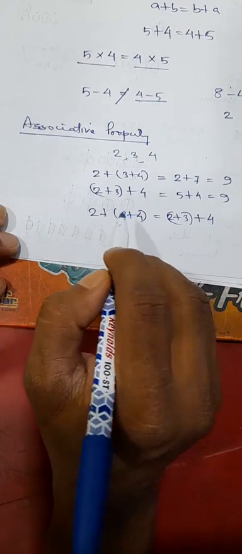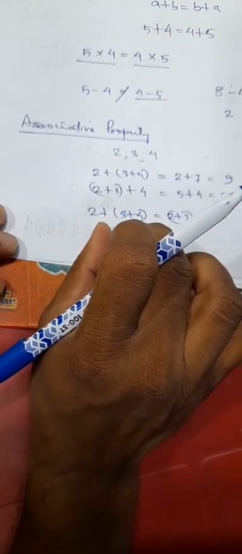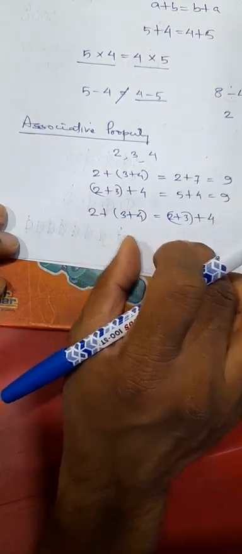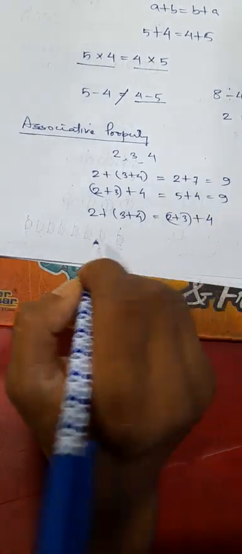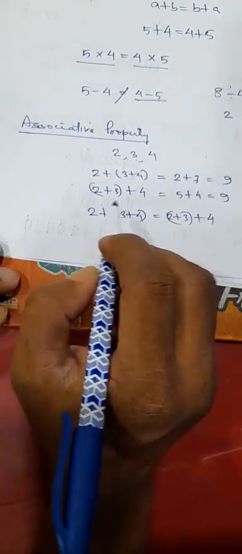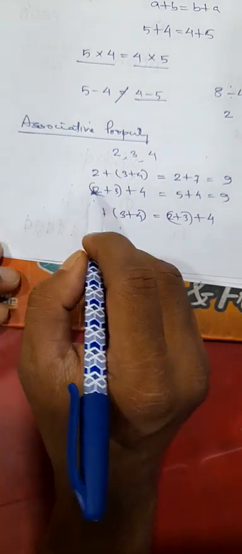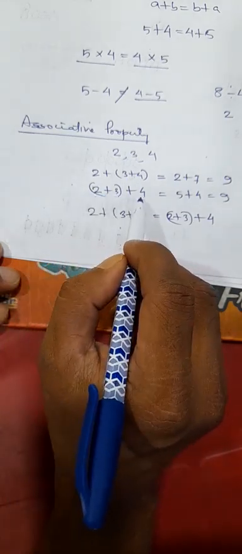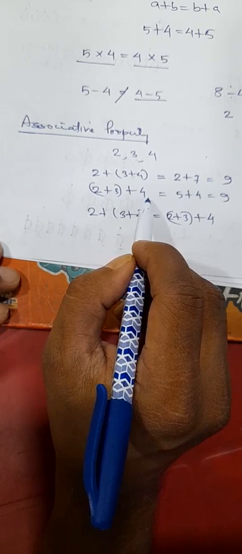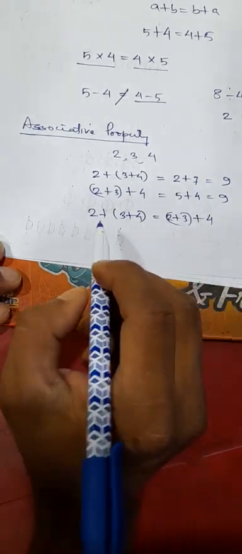That means if you associate any of the two numbers, then sum will remain the same. First we associate 3 and 4, then we add with 2, we got 9. Second time we associate 2 and 3 together, then the sum is added with 4, we got the same result.